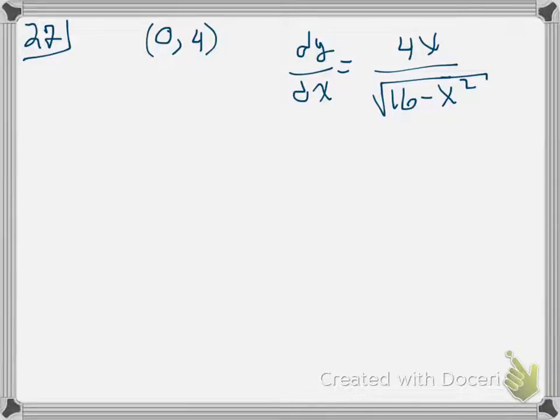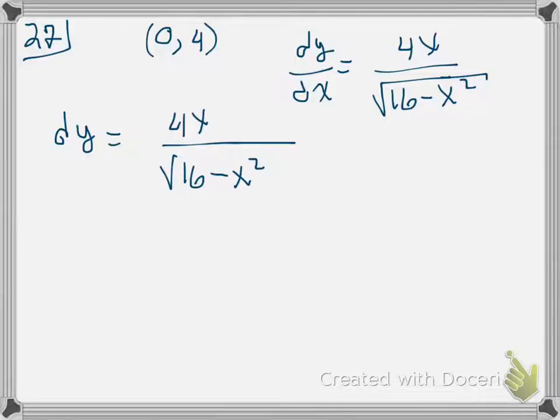Okay, so now remember, when we go to solve a differential equation, we have to integrate. It's the one time when, if you don't know what to do, take the derivative. When it says differential equation, you have to think integrate. So what we would do is set this up, dy equals 4x over the square root of 16 minus x squared, and we would move the dx over there.